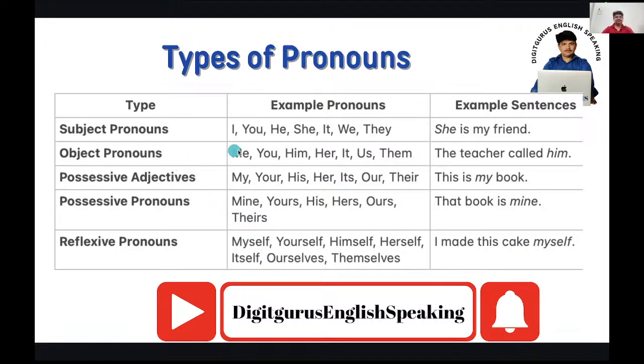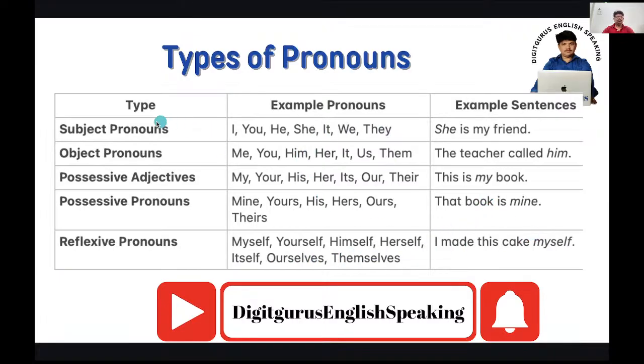The type of pronoun is given, examples are given, and the use of that pronoun in a sentence is also given: subjective pronoun, objective pronoun, possessive adjective, possessive pronoun, reflexive pronoun.